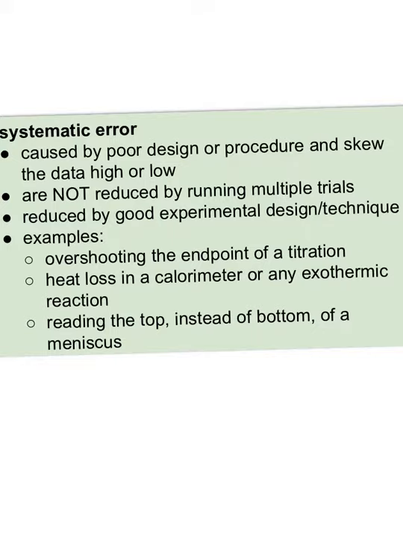When you have equal amounts of hydrogen and hydroxide ions in your solution, it is almost impossible to know that you're waiting for a color change, which means you've just gone beyond the endpoint. Heat loss in a calorimeter or any exothermic reaction. Those are systematic errors that you do your best to control. There's some things we can do to minimize it. Other systematic errors, like reading the top instead of the bottom of a meniscus, that's just flawed procedure.